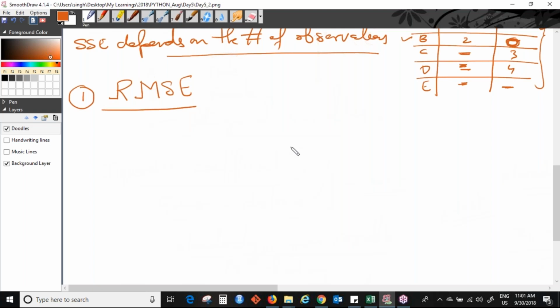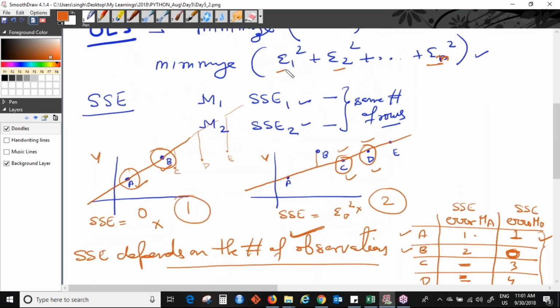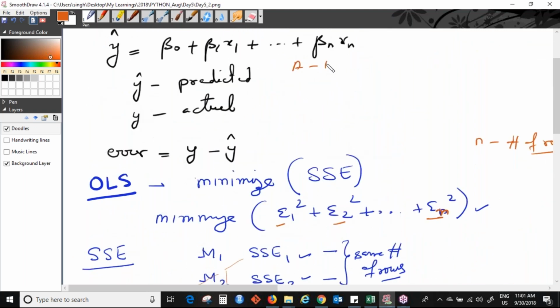And there is one more reason why sum of squared error is not used: the units are also squared. For example, when you predict the price of a house, what will be the unit of the error? Actual price minus predicted price, whole square, right? You are doing a square here. So square means you are taking the square of rupees, so INR square.